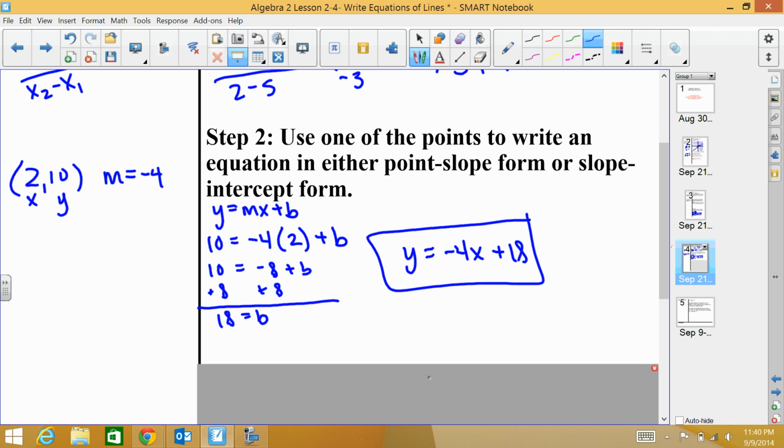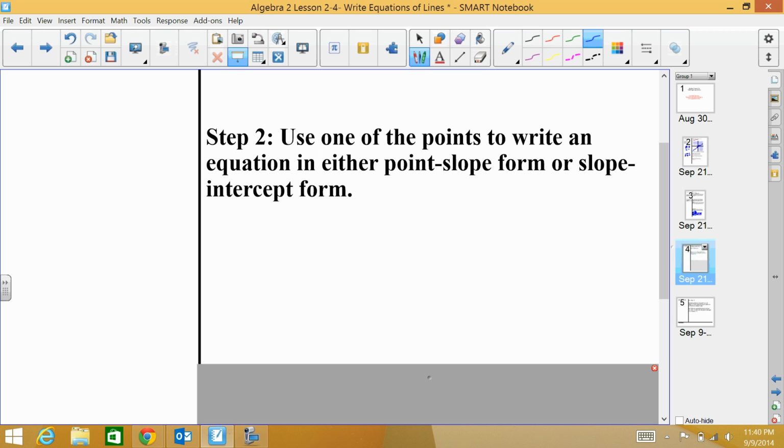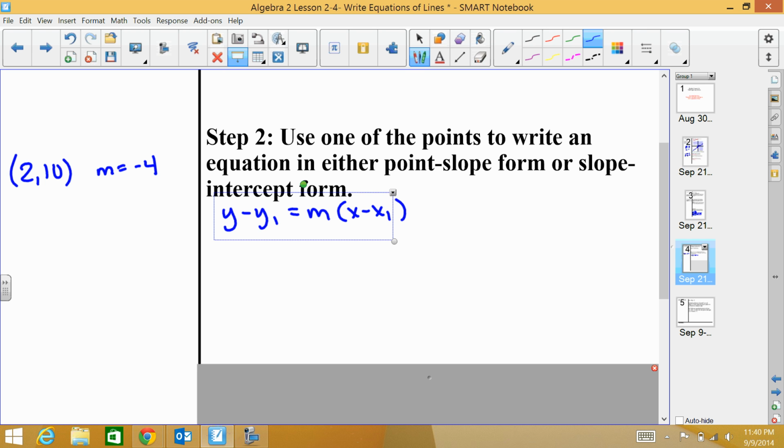Now I'm going to show this one more time using point slope form so that you guys can choose. Fast forward this if you're going to do it the other way. Okay, so again I'm using the point (2, 10) and my slope is -4. If I do point slope form, I would do y minus y1 equals m times x minus x1. This would be my x1 and my y1.